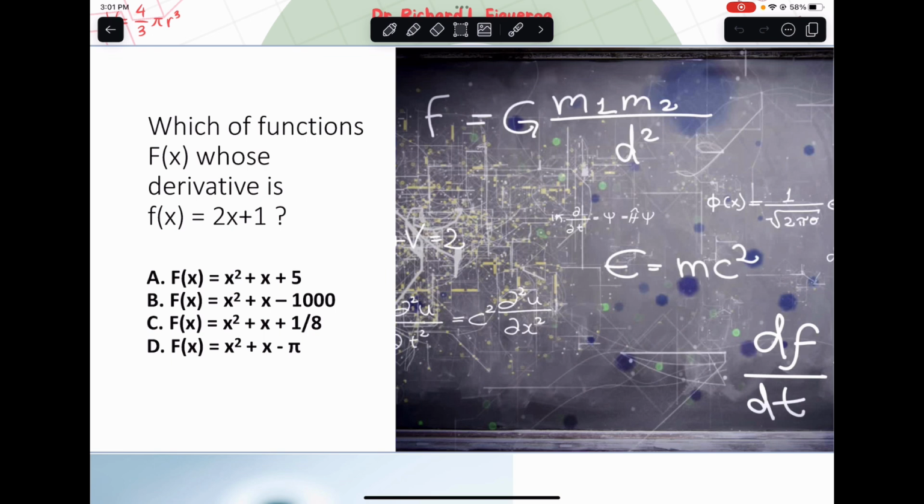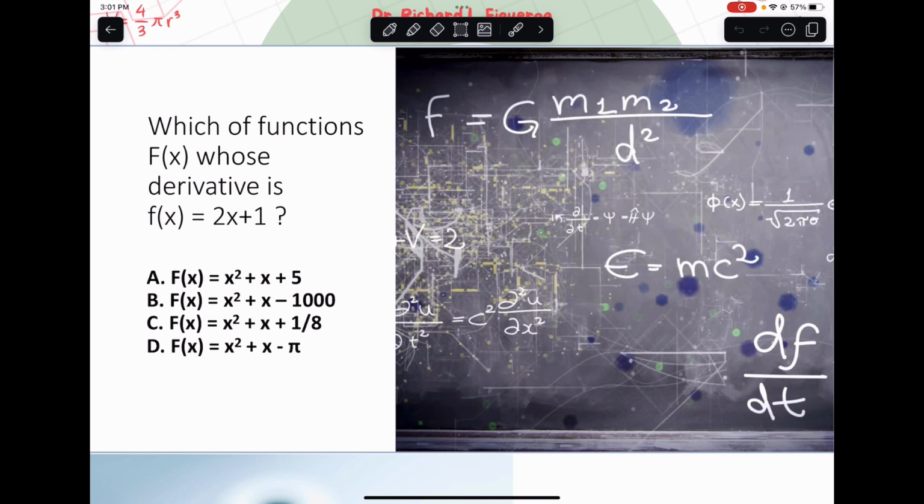Okay, so I'll give you some time to think. Out of the given choices, which do you think has a derivative of 2x plus 1? Is it option A, B, C, or D?